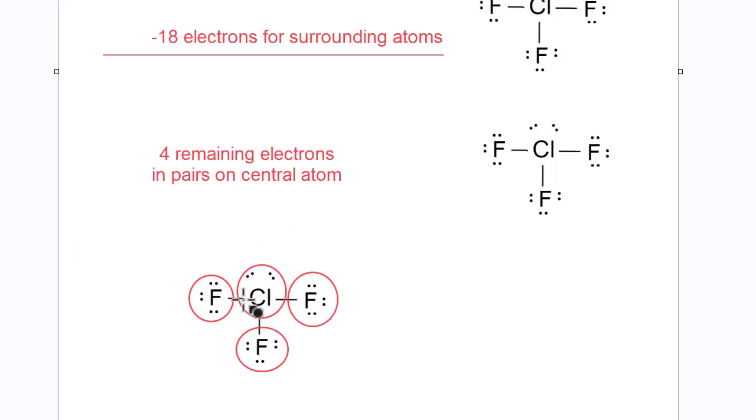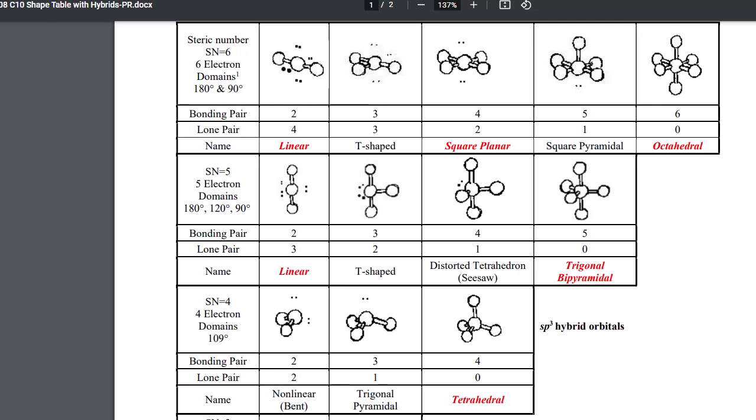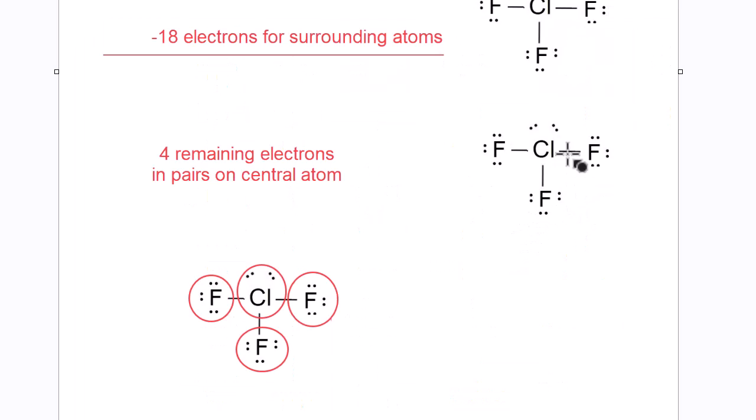We've got 1 electron in this bond, second one, third one, 4, 5, 6, 7. A total of 7 electrons is what you'd expect for chlorine, and we've got formal charges of 0 all around here. So this looks like a very logical diagram, and we could determine, as I said, its shape using a shape table right here. So we've done the Lewis electron dot diagram for chlorine trifluoride right here.